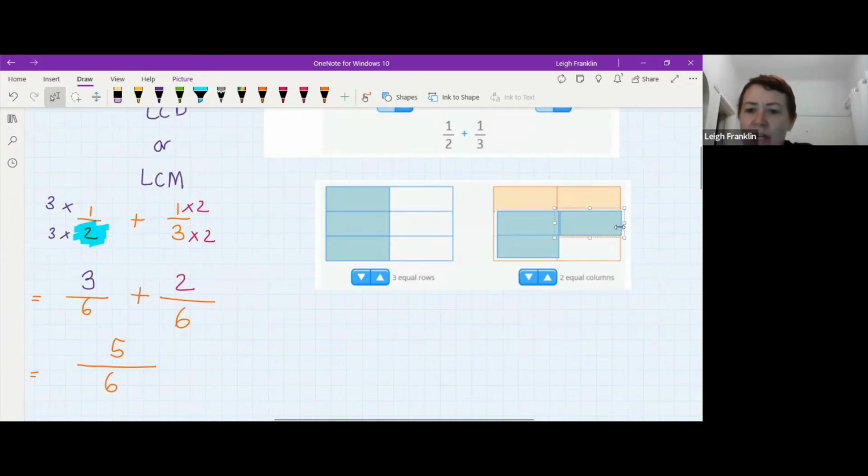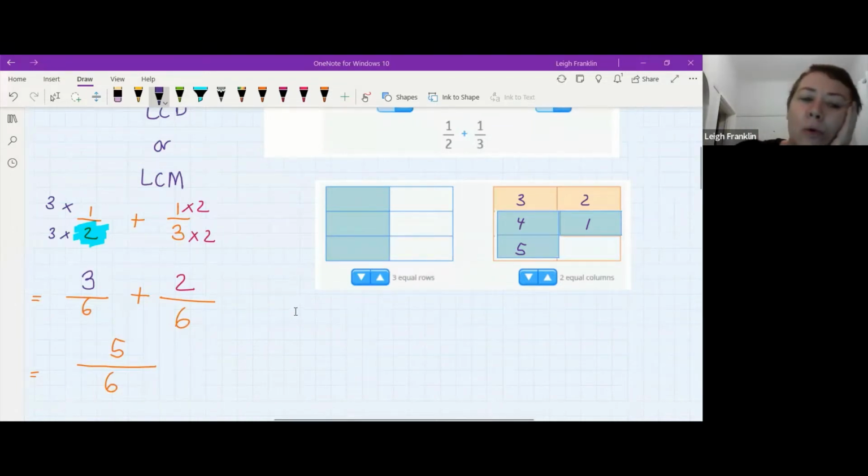Let me put numbers on them instead of just talking about it. I've got 1, 2, 3, 4, 5 out of a possible 6 blocks. So that's why we have to use a lowest common denominator when we are adding or subtracting. That's where it comes from.